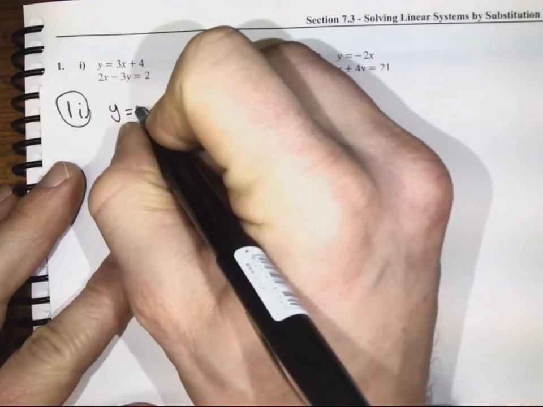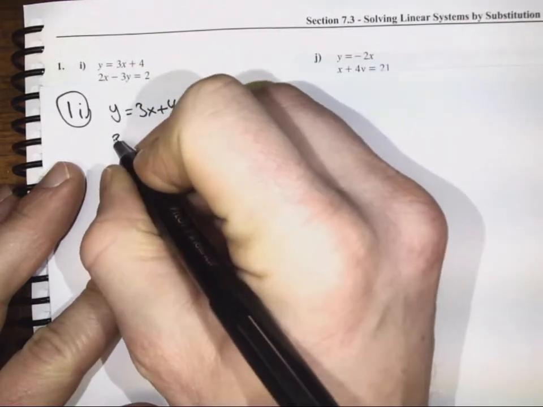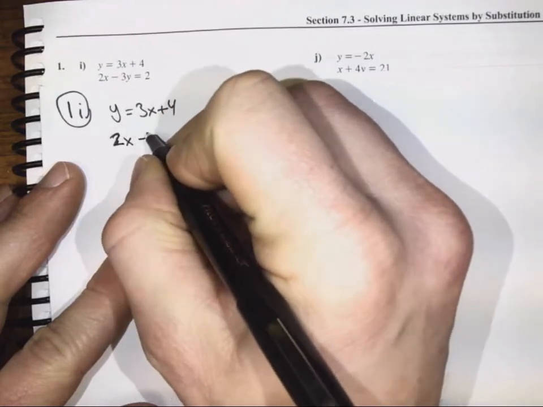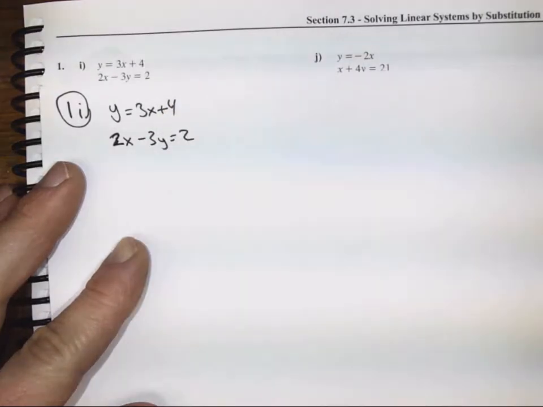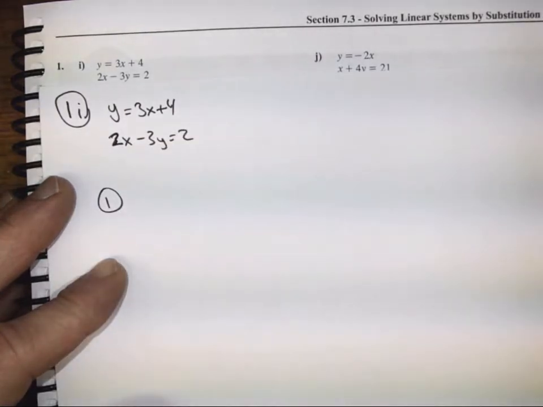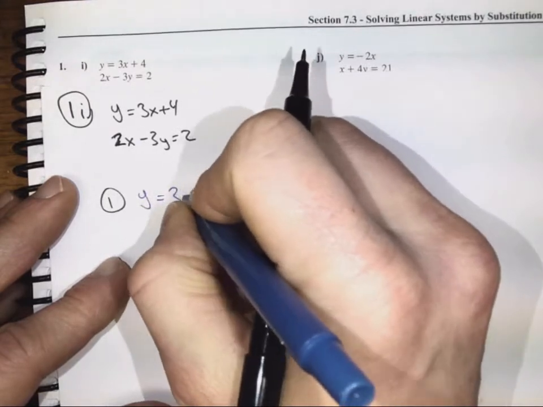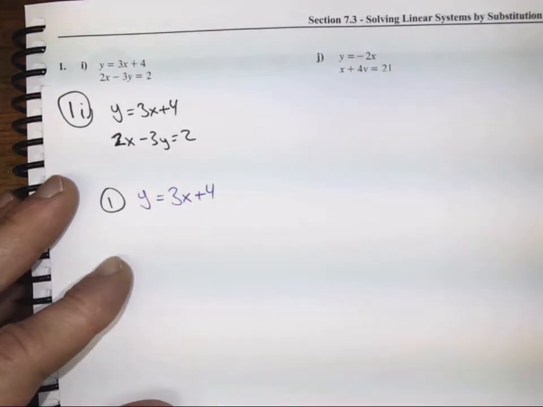We've got y equals 3x plus 4, and that variable is already isolated. And then we've got 2x minus 3y is equal to 2. Okay, so nice. Step 1, the variable is already isolated, so we could say we already have an isolated variable.